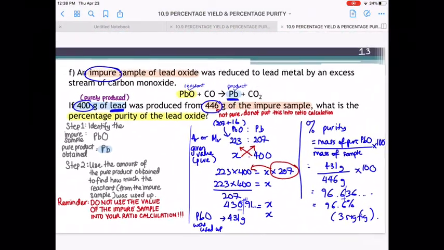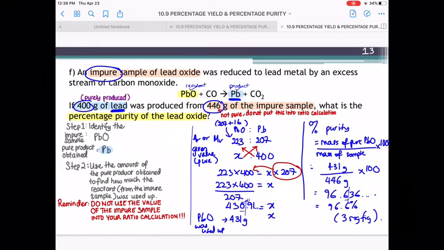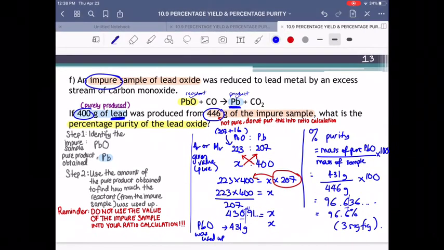Okay, here's the overall view. Identify the impure sample. The impure sample is usually the reactant, the starting material. Your pure product is what we're going to use for the calculation here.